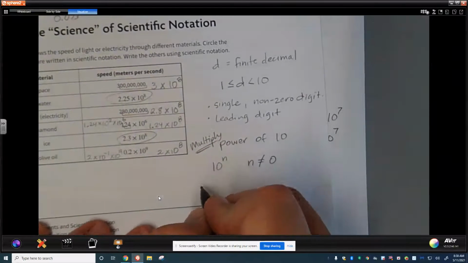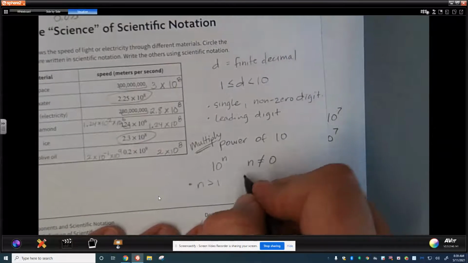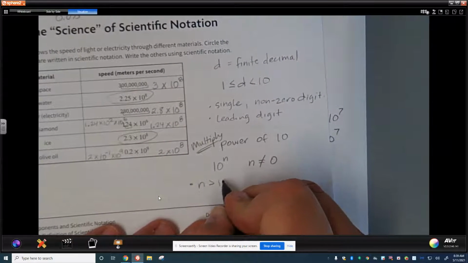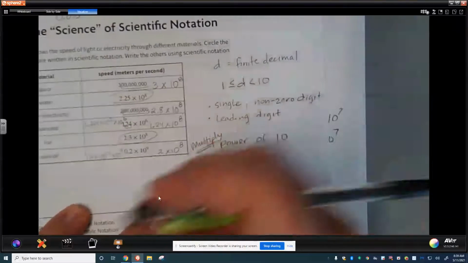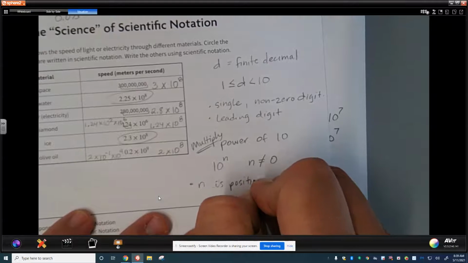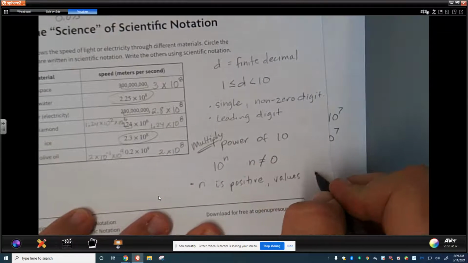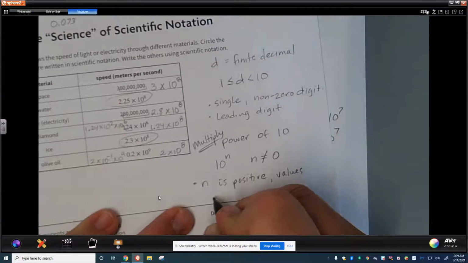I should also say when n is greater than 0, I'll just put this n as positive, the values are greater than 1.